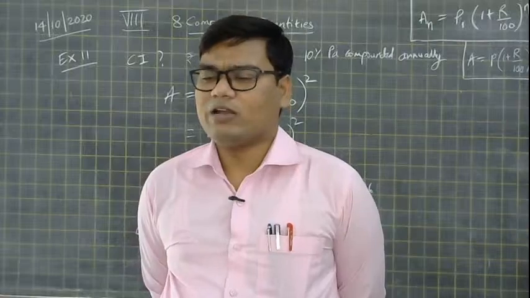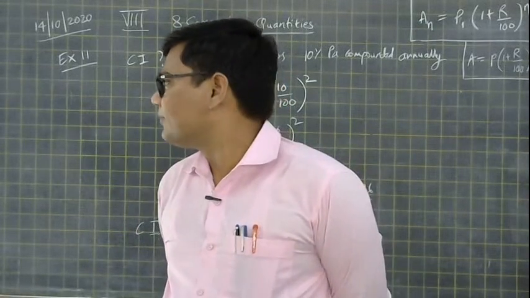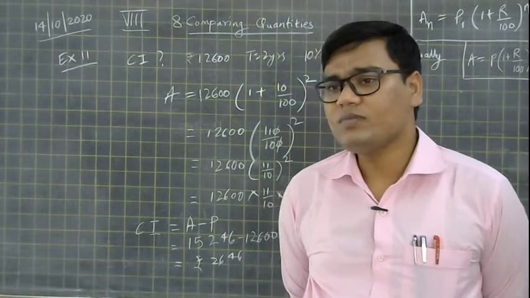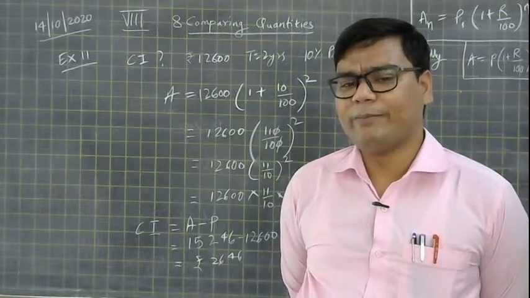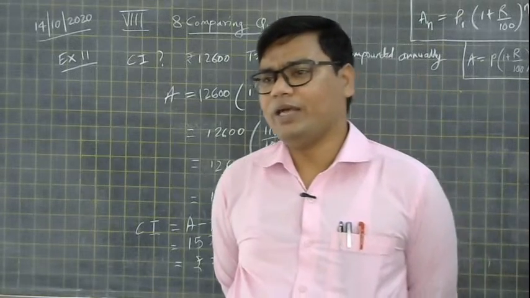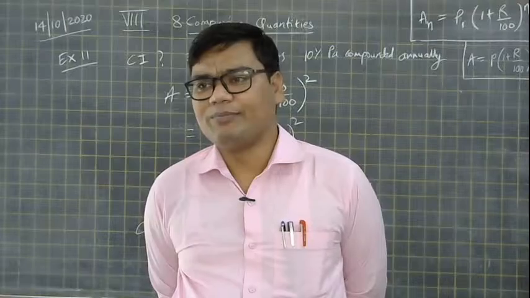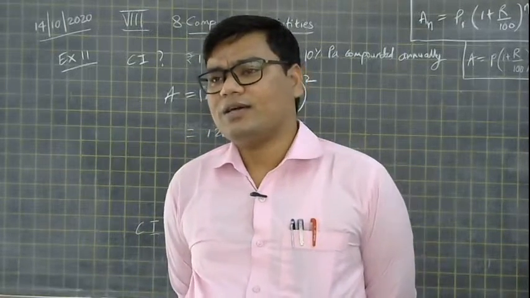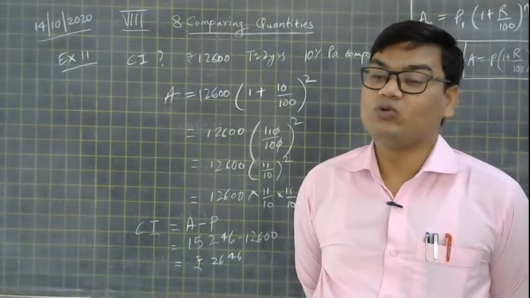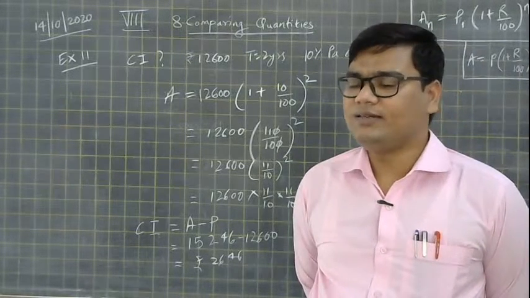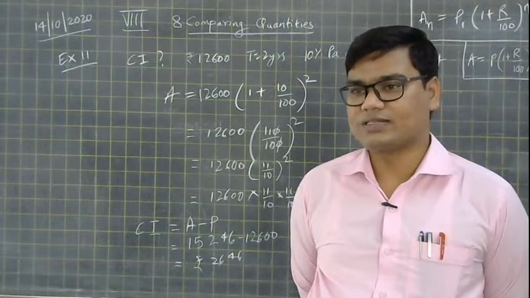For every year we calculated the interest and found the compound interest for 2 years, and we saw that the compound interest for 2 years is greater than the simple interest for the same period. Then we deduced the formula for the compound interest.